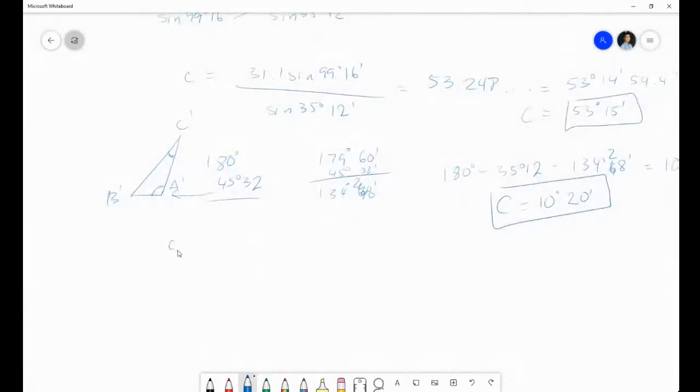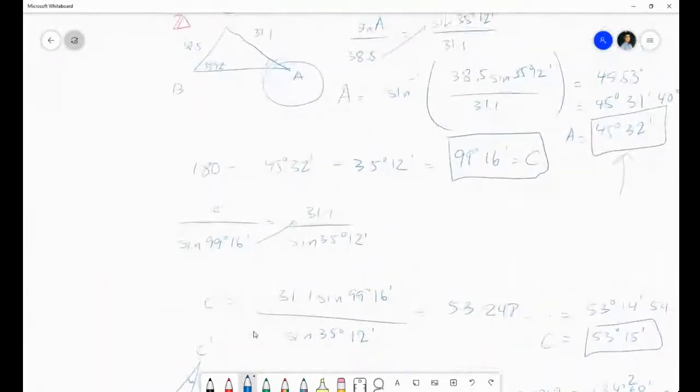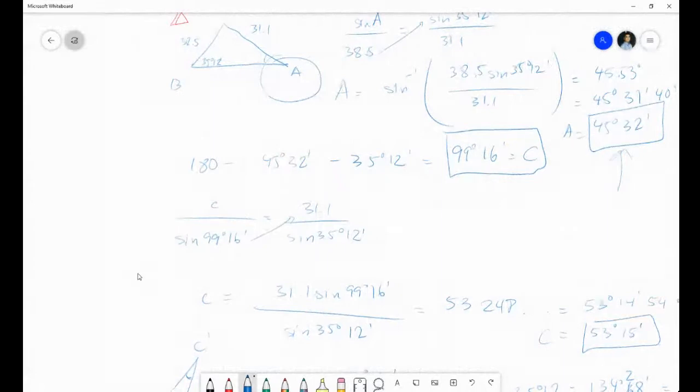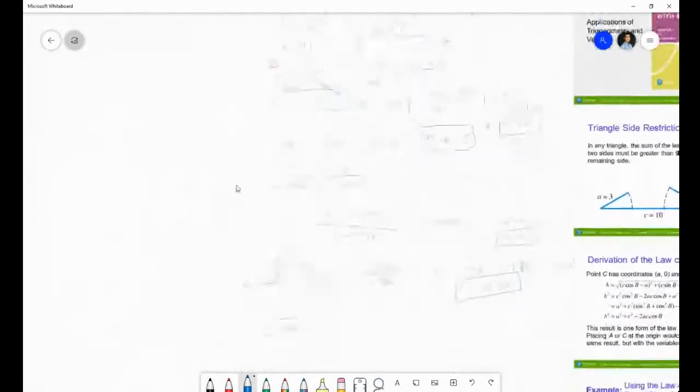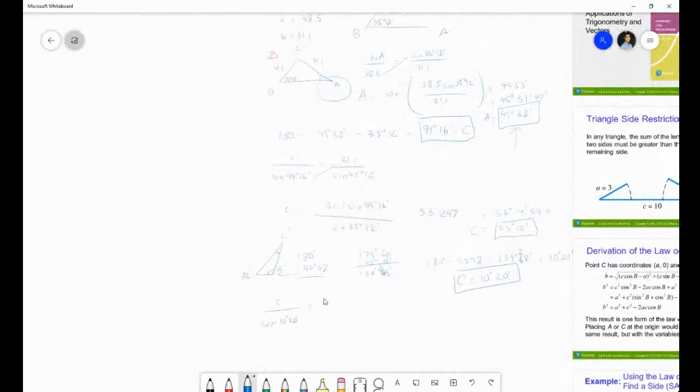Then we can find side C. Sine C over sine of 10 degrees 20 minutes equals the ratio that we have from the beginning, which is 31.1 divided by sine of 35 12.